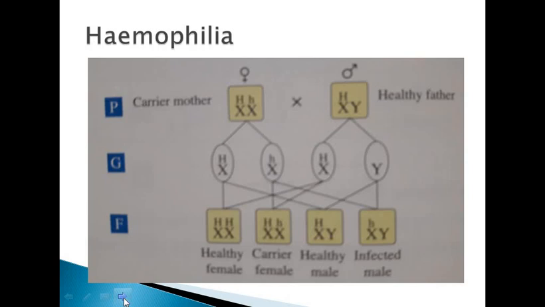What about the offspring? The offspring will be two normal females, one of them completely healthy and the other a carrier. What about the males? One of them will be healthy and the other is infected. Why? Because the mother transmits the gene to her son.